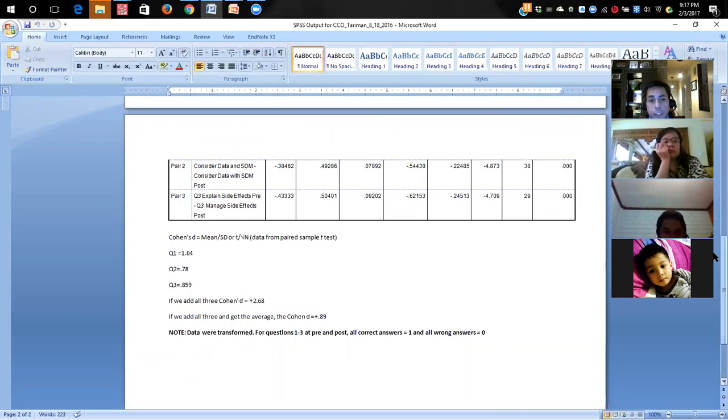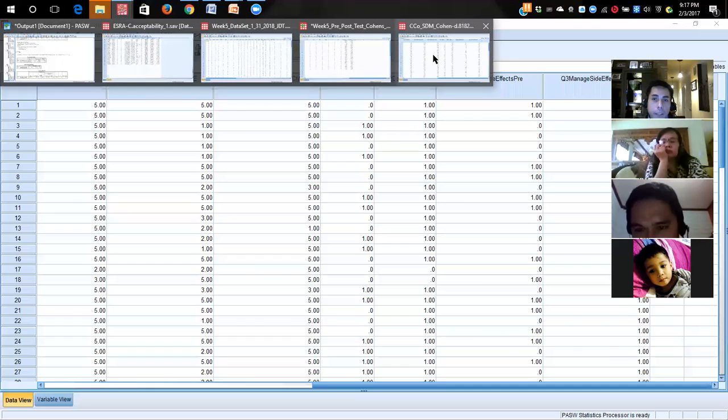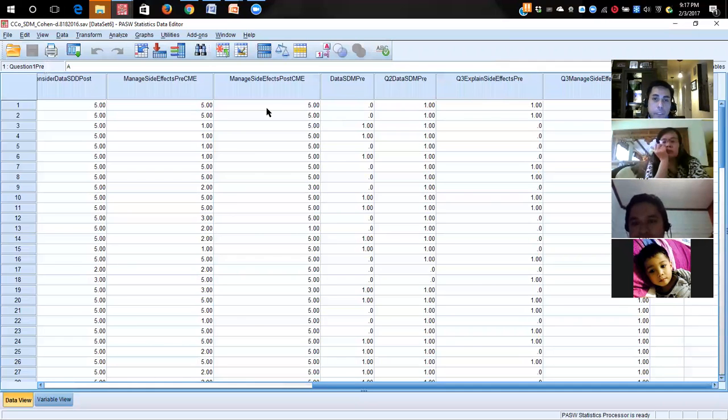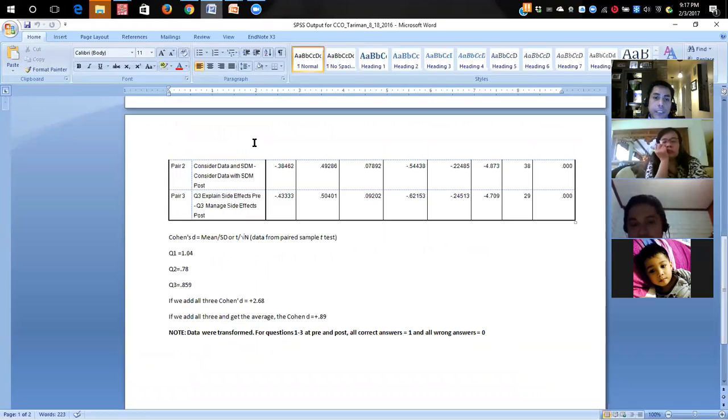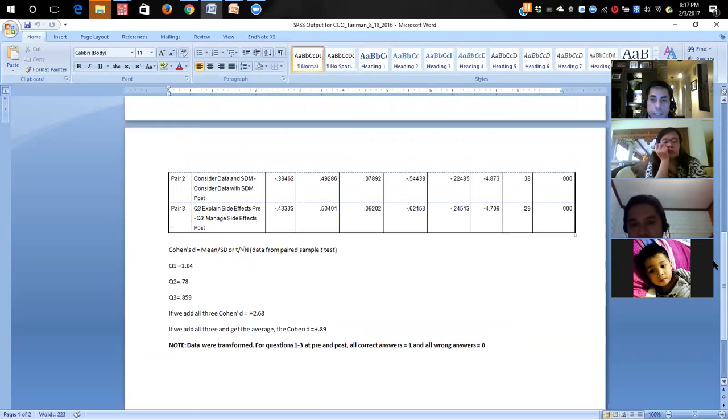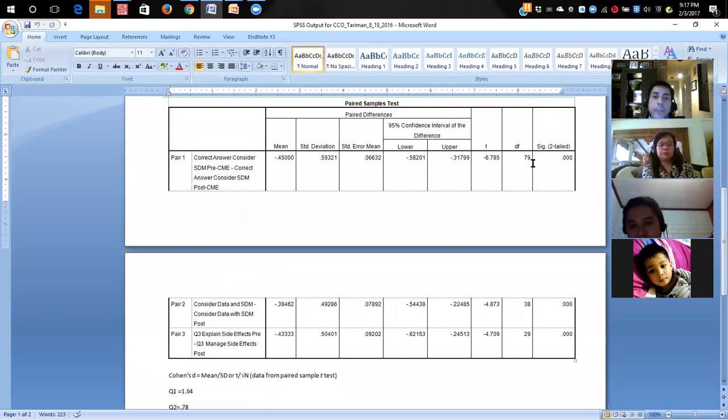So in our example for my Clinical Care Options abstract, this is the t-test output, and for those who got the correct answer pre video CME minus the correct answer post video CME, we got a minus 0.45.